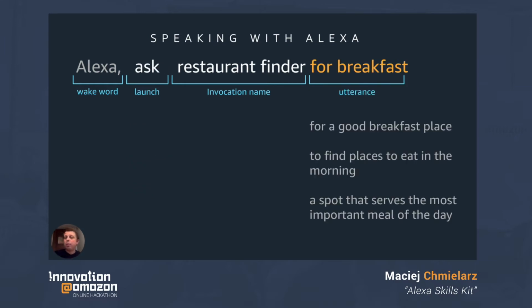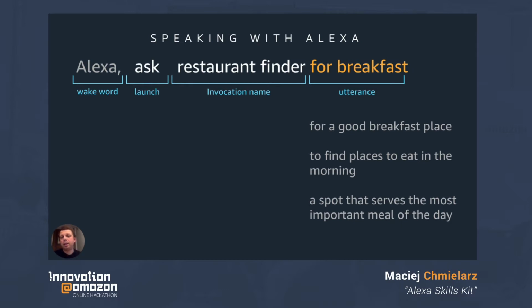After the invocation name comes the utterance, the actual content information from the user that is later put into the intent and processed by your skill. For example, the user can say, Alexa, ask Restaurant Finder to find places to eat in the morning.